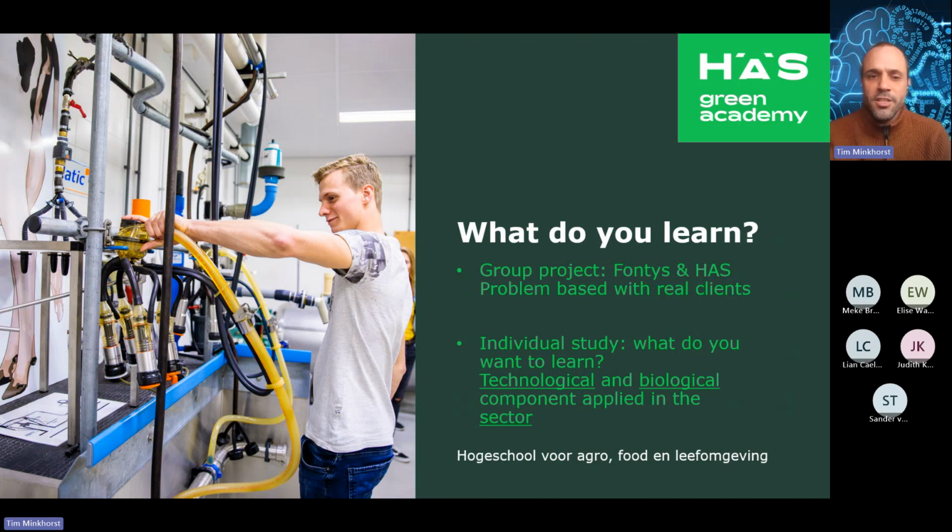So you get a real case, and then you tackle the problem, make a plan of approach, how you can tackle this case, and then you together with the Fontes students are going to solve that, and often also create something in order to test actually what you thought could be useful, could be interesting, if it's really going to work.